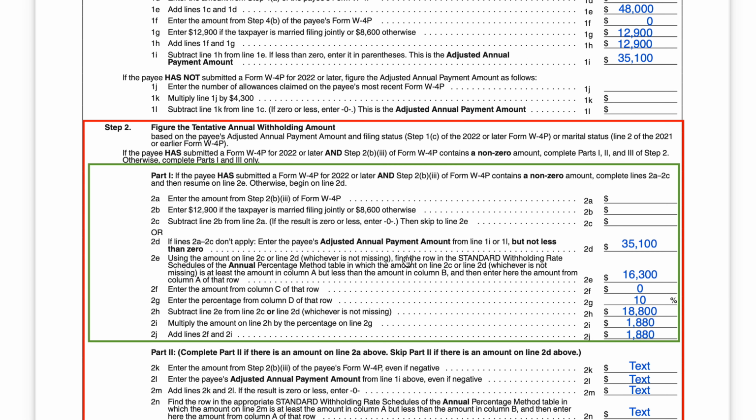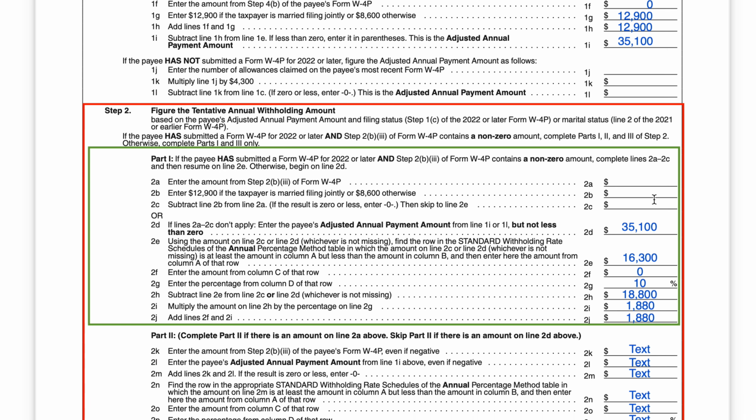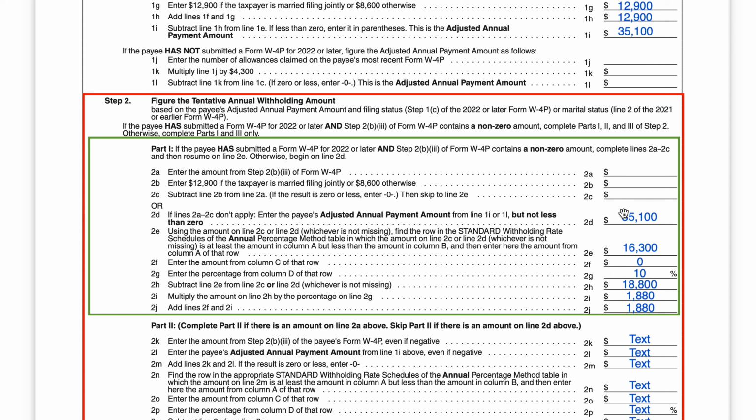So let's start here. And again, because everything contains zero amounts, we're moving on to line 2D. Either or, but not both. So if you completed line 2A through 2C, then this line 2D should not contain any information. So we're bringing down the $35,100 from line 1I.